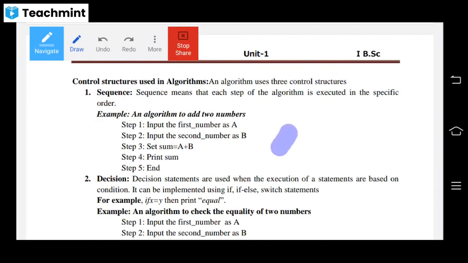See here the example related. Step 1, input the first number as a. Step 2, input the second number.